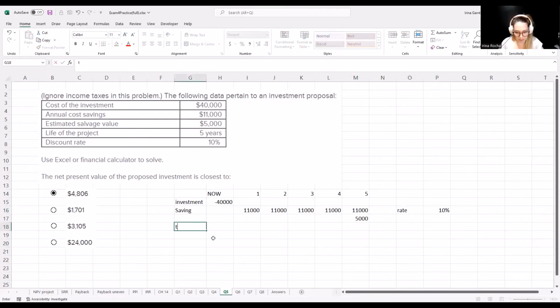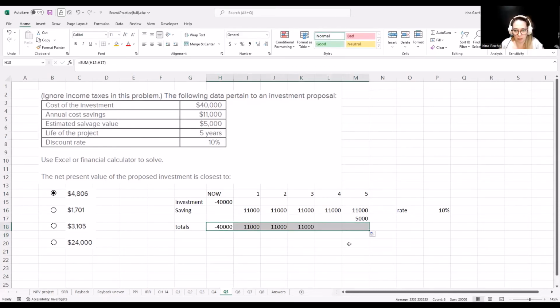So what about my totals? I just sum those numbers, and I'm going to copy that here. So in the first year, I'm $40,000 poorer, and then this is how much I'm going to get back. I get a little bit more in the last year because I have a salvage value.